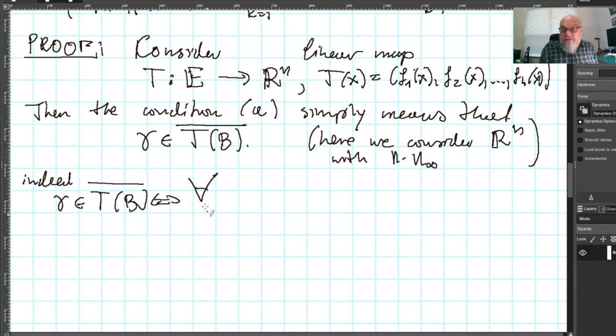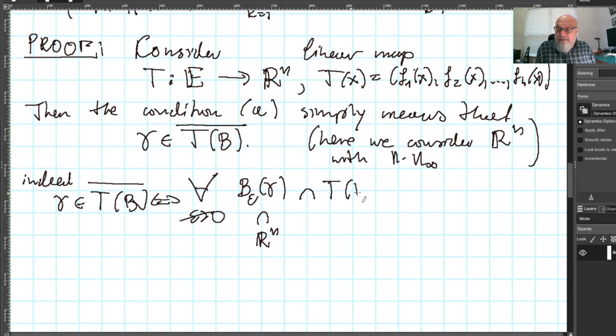which will be equivalent to say that for every epsilon larger than 0, the ball of radius epsilon around gamma, in Rn with this norm, intersection T of B, is non-empty.